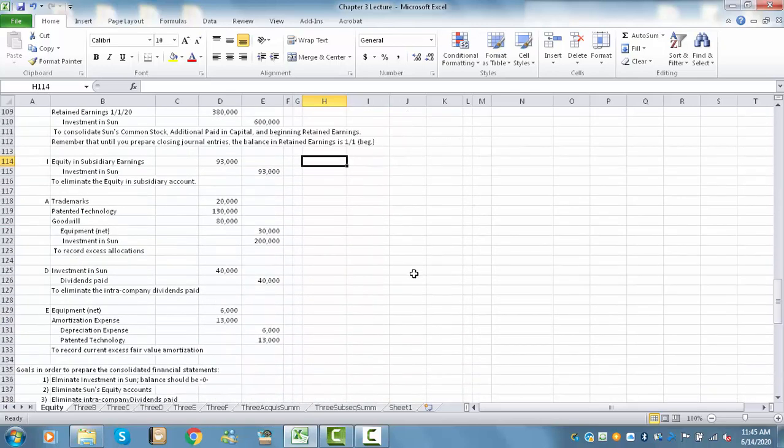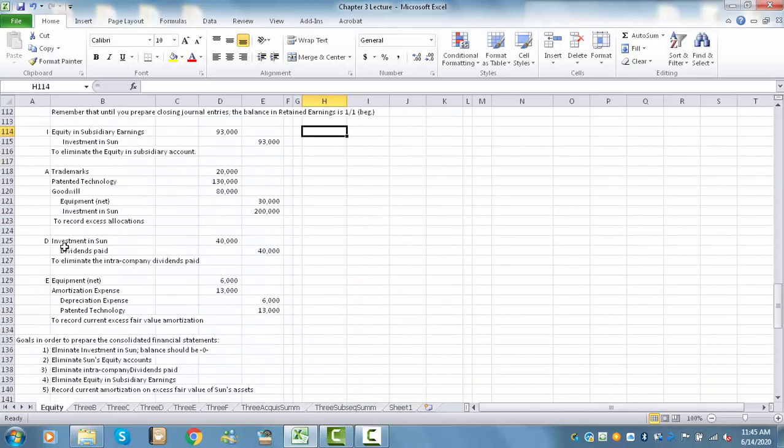Okay, so I did SAID, and then E, I want the excess amortization. So I figured out that I want to eliminate, I guess the best way to put it is I want to increase the amortization expense for some things and decrease for others. If you remember that the equipment was overvalued, so it should have been less, and if the equipment was valued at less, then its depreciation should have been less.